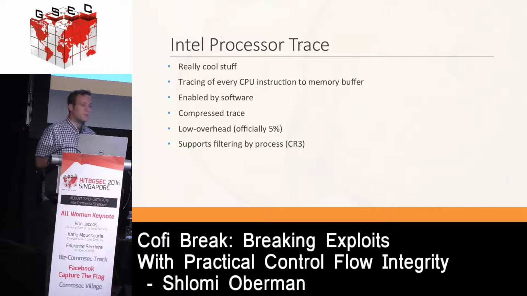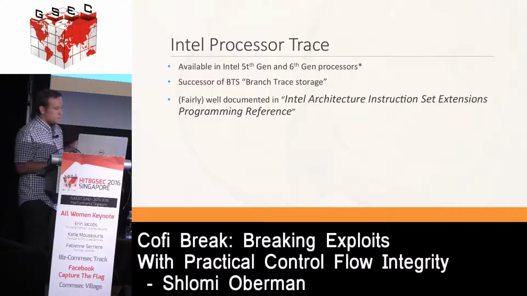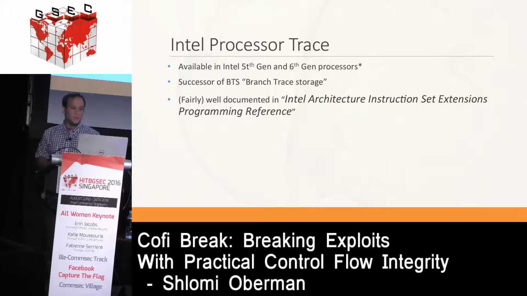And very importantly, it supports filtering by process. It doesn't allow a lot of operating system context, but it does allow filtering by the CR3 register. It's available starting with Intel 5th Gen CPUs. It's the successor of the branch trace storage. I say successor because it's a similar feature, but they're actually very different.